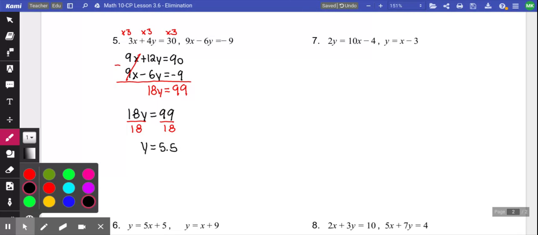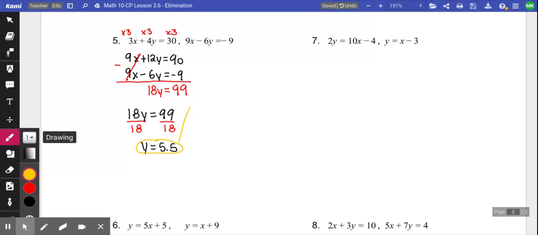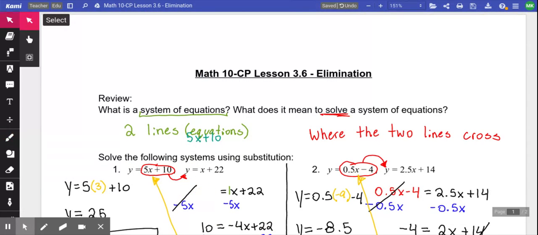Once you have one answer, you substitute that into the second equation, and you try to calculate your other value.